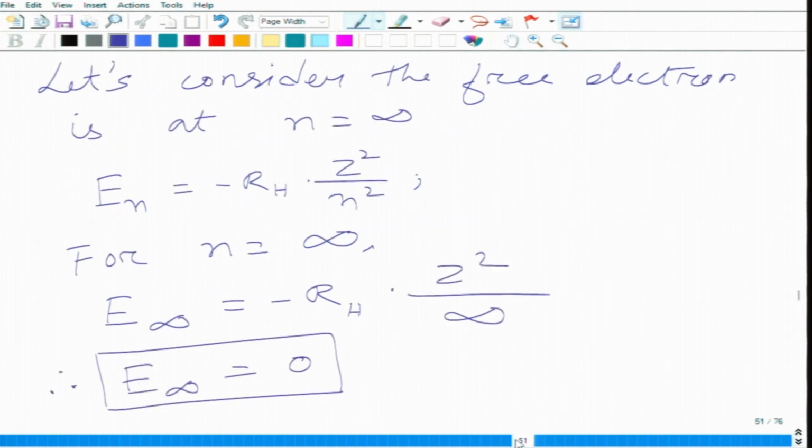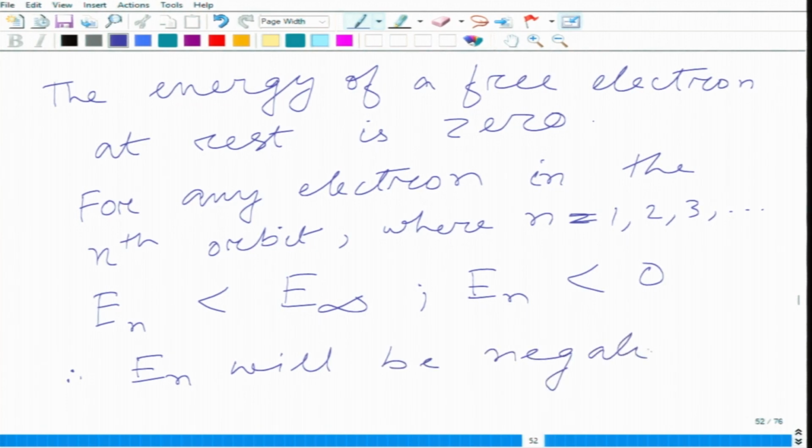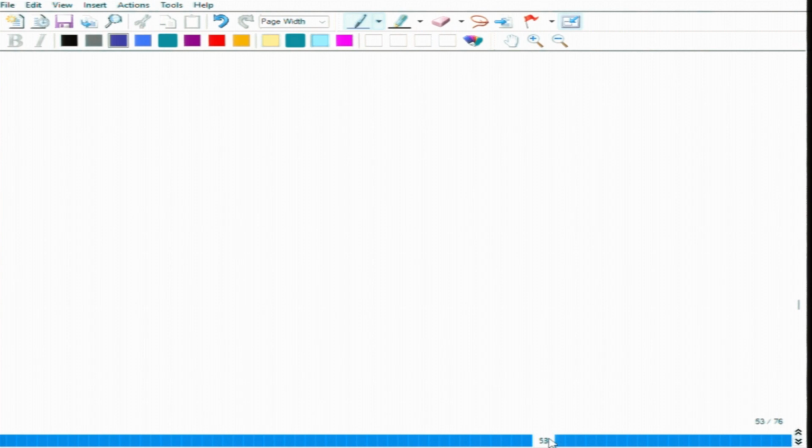And E infinity equals 0. So, En will always be less than 0. Therefore, En will be negative, right?